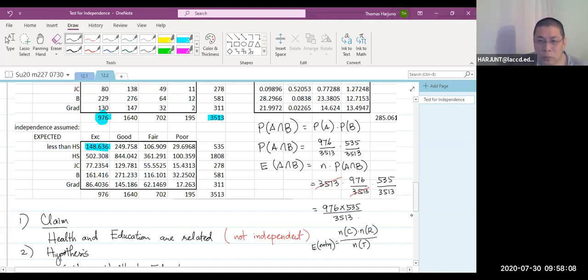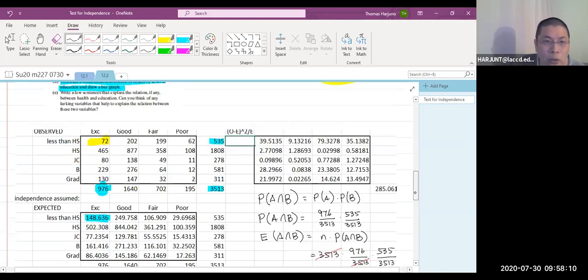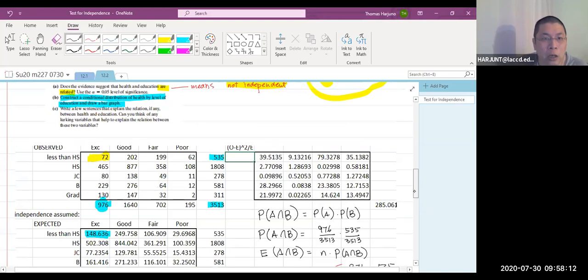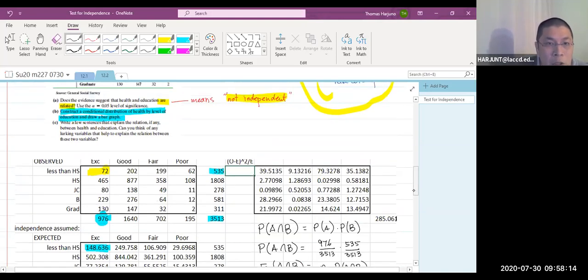So if we go back to the question, construct the conditional distribution of health by level of education. So given the level of education, how about the conditional distribution? My time is almost up, but let me finish this up. I go to Excel.